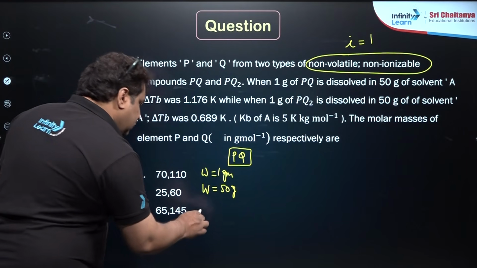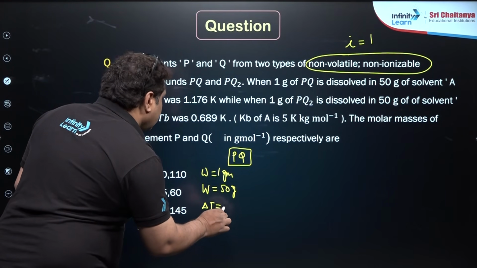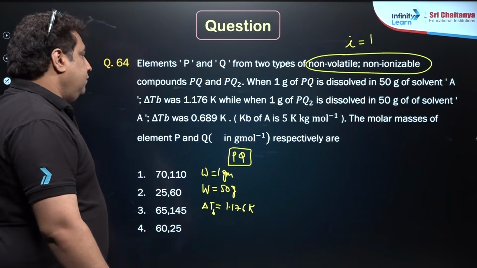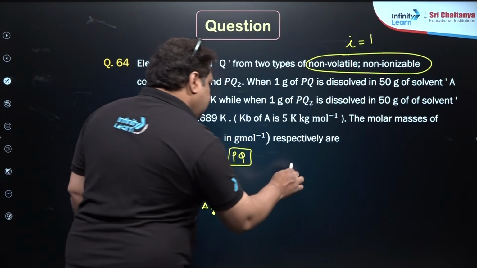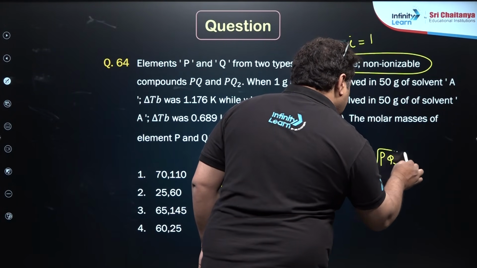Delta TB was 1.176 Kelvin. Now he is comparing, I will write here PQ2.